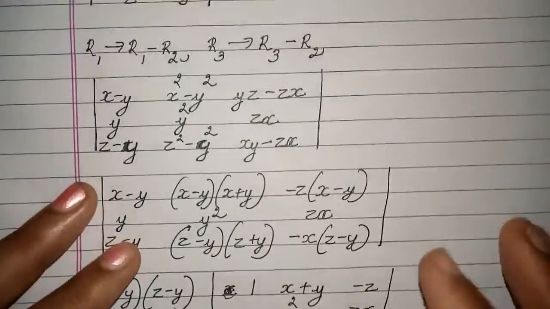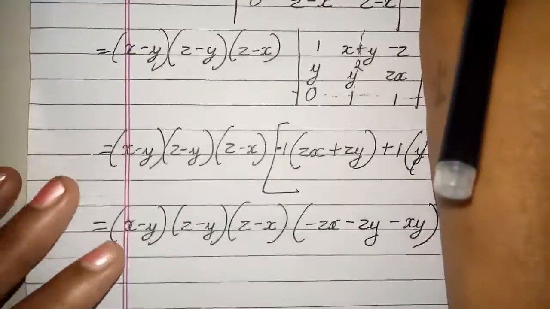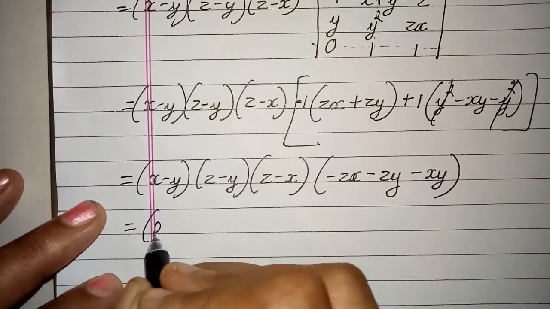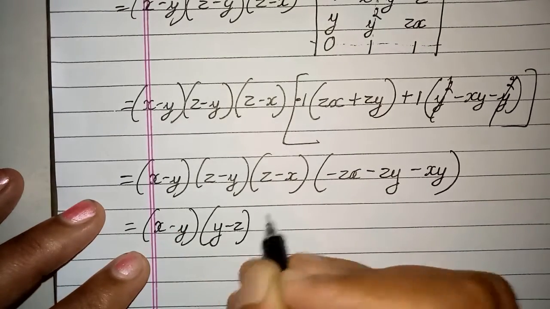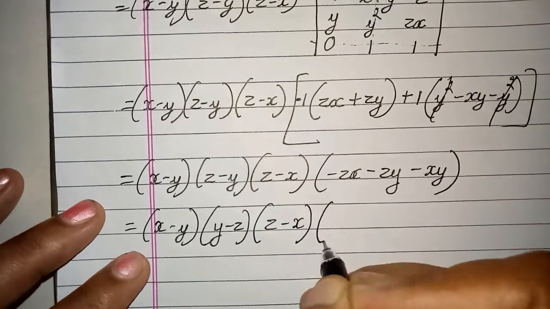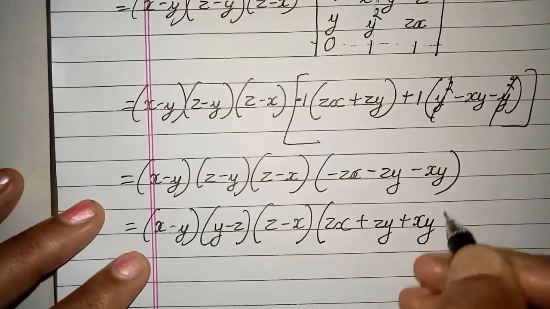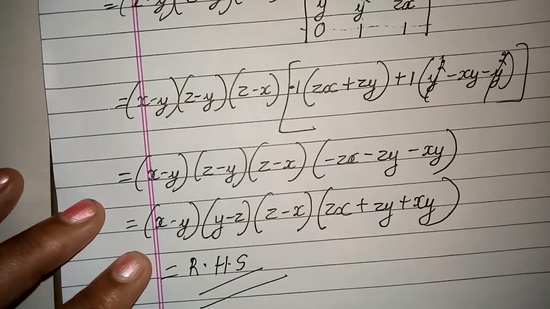But in our question, it is all positive. Also you have y minus z, but here you have z minus y. So this minus will be adjusted with this bracket. So it will be x minus y. Minus will go here, so it will be y minus z, z minus x, and zx plus zy plus xy. This is your RHS.